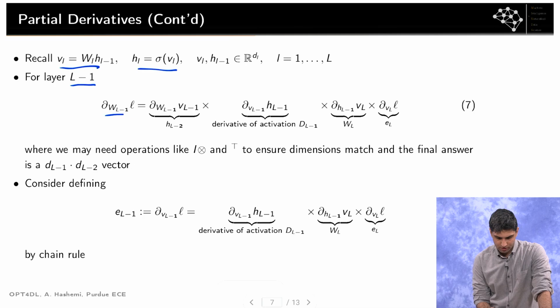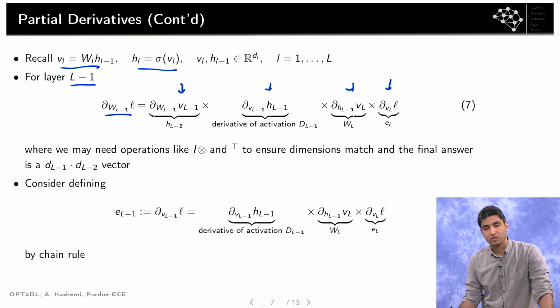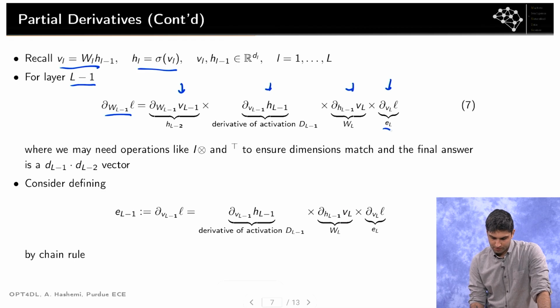The partial derivative is the derivative of the post-activation of layer L minus 1 with respect to W_{L-1}, times another partial derivative, times another partial derivative, and finally the partial derivative of the loss with respect to the predictions. So this is basically the final error signal.